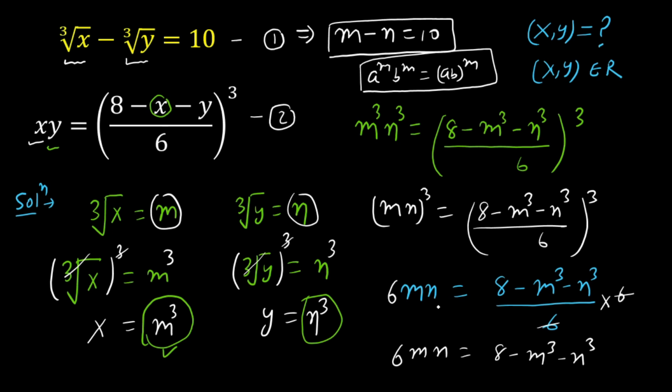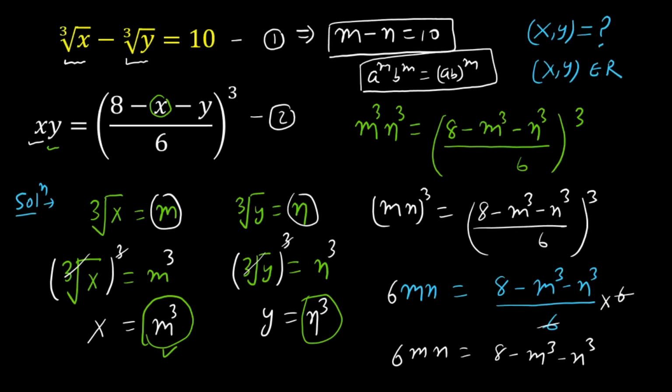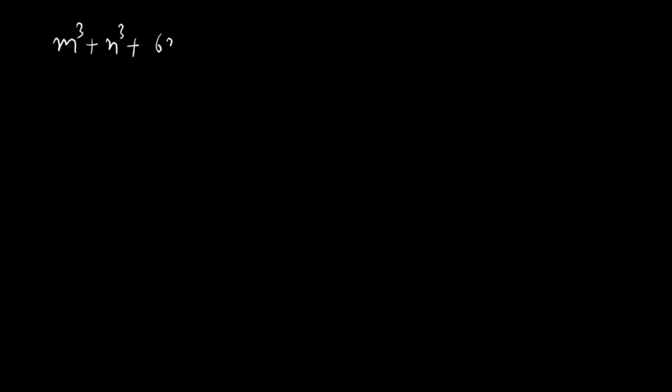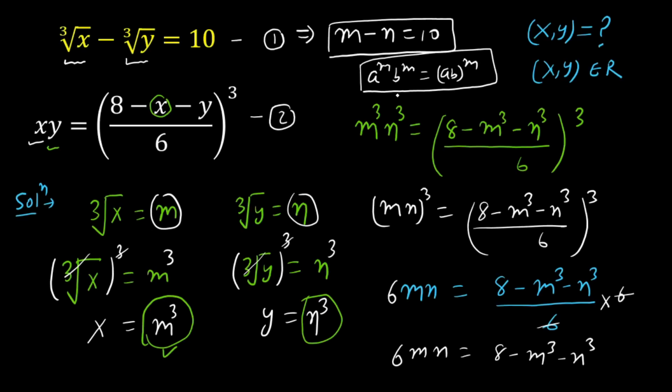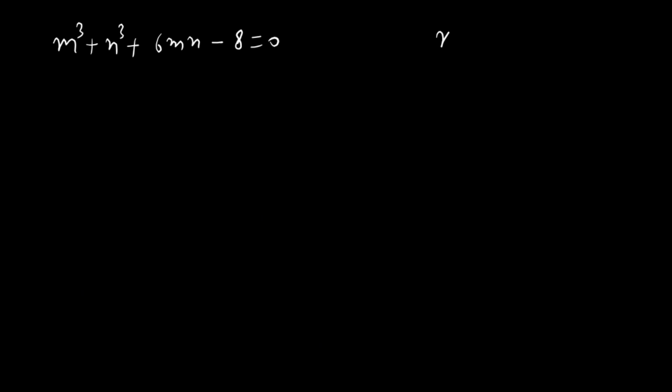Now if we take all the expressions to the same side, then m cube plus n cube plus 6mn minus 8 equals 0. Here m minus n equals 10, so m equals n plus 10.